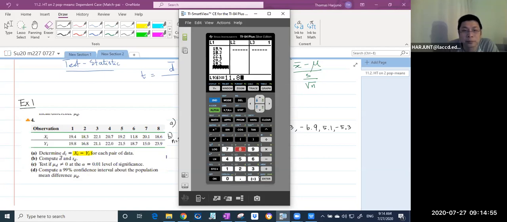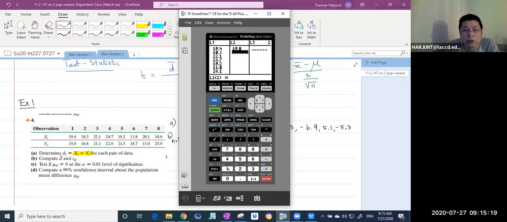11.8. It's data number 6, data number 7, 1, data number 8, 18.6. That's for the first list. The second list, 19.8, and keep an eye on the matching in the first list.